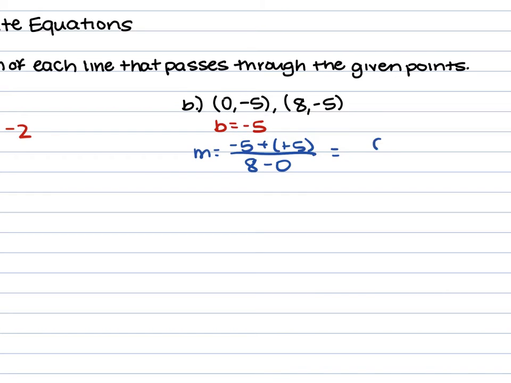So this becomes 0 over 8, which is just 0. So our slope is 0. So we're going to have y is equal to our slope, which is 0, times x plus our b value, which is -5. 0 times x cancels it out, and a negative times a positive is a negative. So y is just equal to -5.